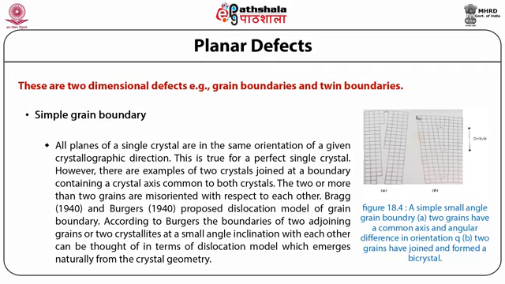Bragg in 1940 and Burgers in 1940 proposed the dislocation model of grain boundary. According to Burgers, the boundaries of two adjoining grains or two crystallites at a small angle inclination with each other can be thought of in terms of a dislocation model which emerges naturally from the crystal geometry.